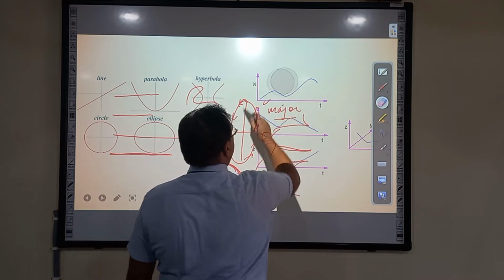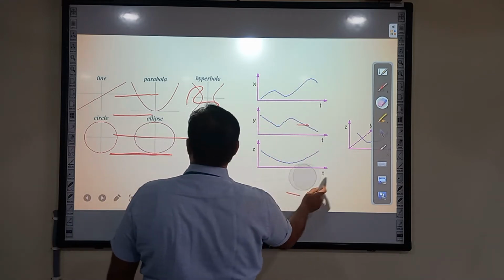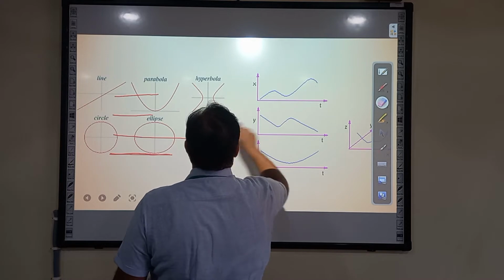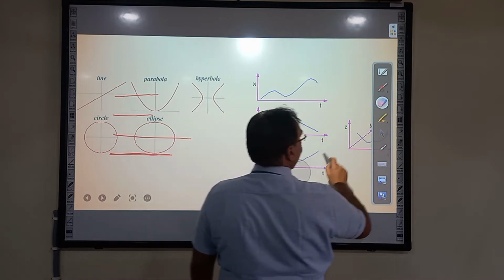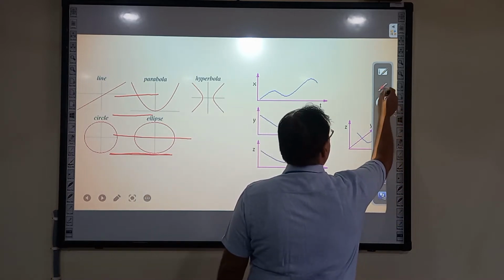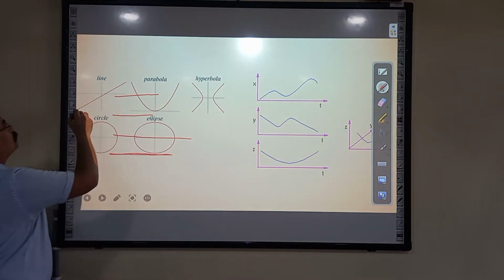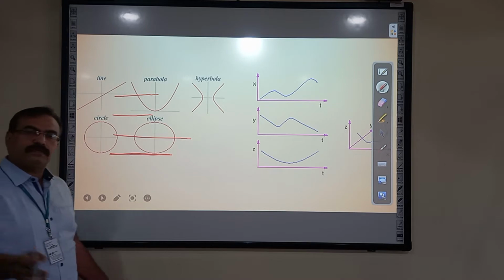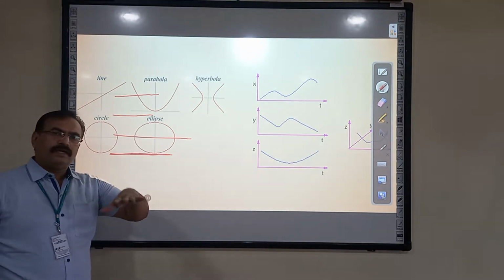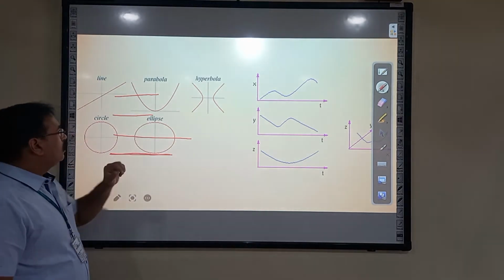So here we have this circle or line. This line is also a curve, but it is following a particular path, and it is very easy to draw.